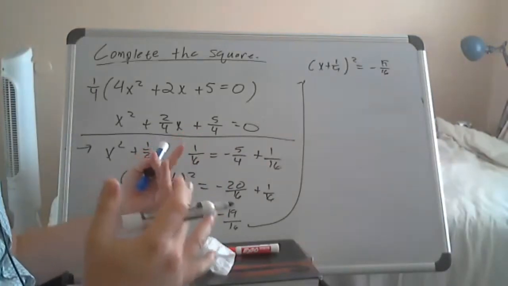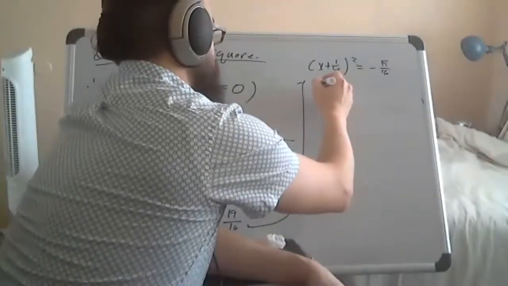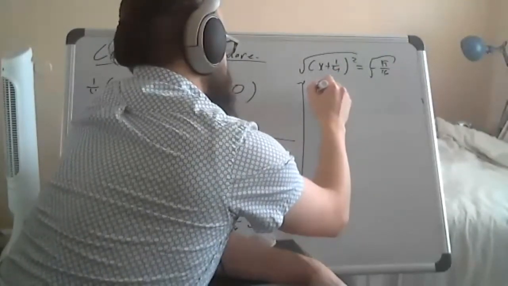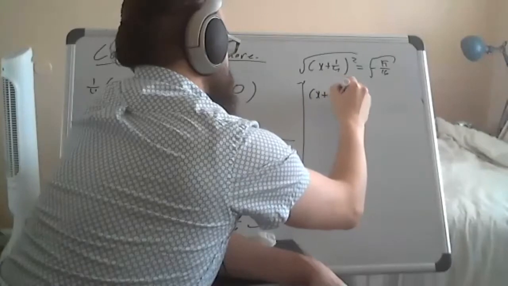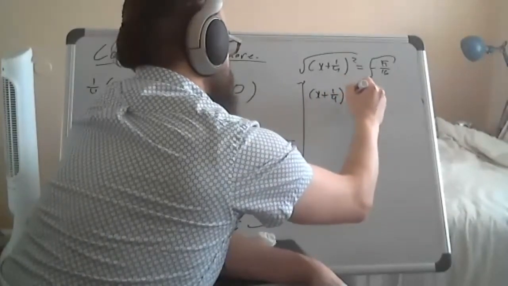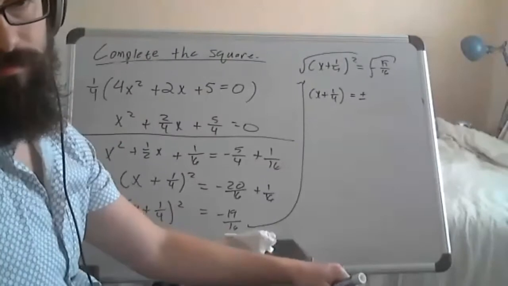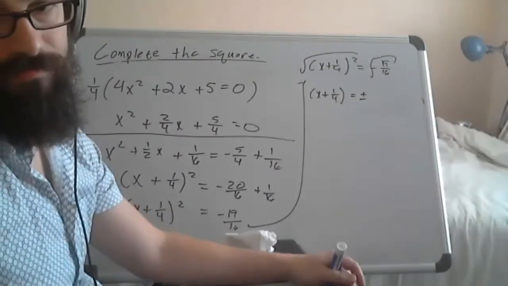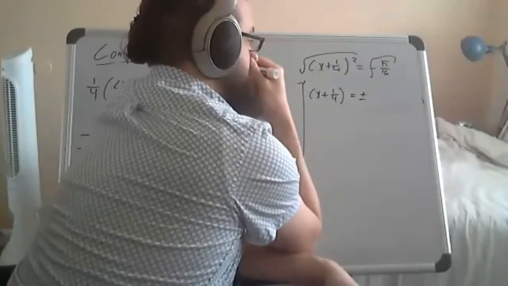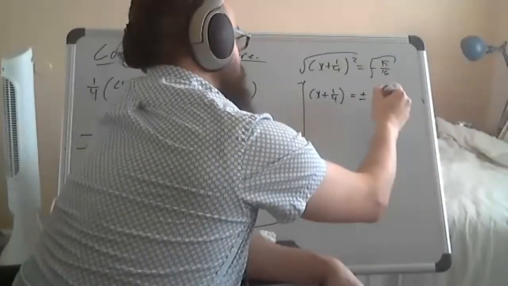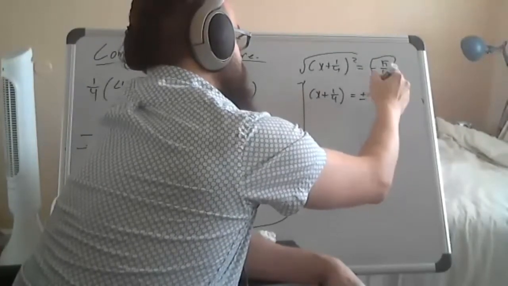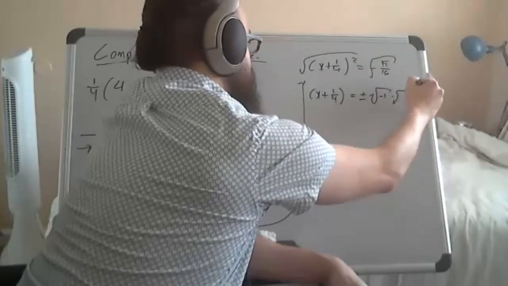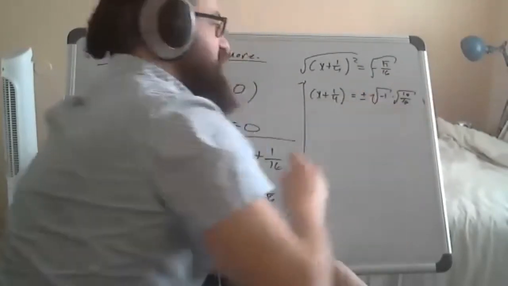Square root both sides. If we square root both sides, we get x plus 1/4 equals plus and minus. It's going to get weird. Don't fret. The square root of this guy could be seen as the square root of negative 1 times the square root of 19/16.